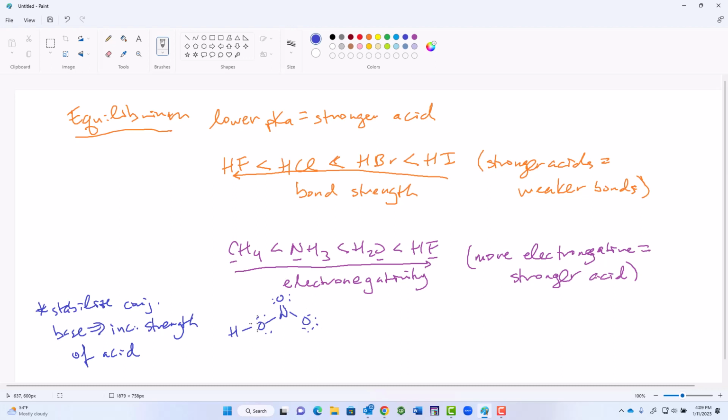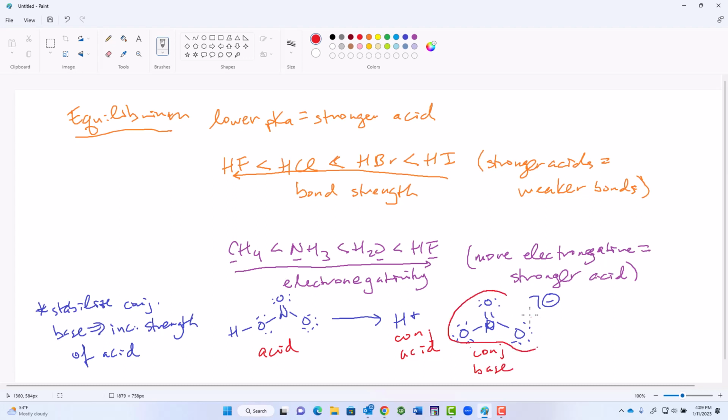If we pluck off this proton, we're left with H plus and NO3 minus. You'll notice that this resulting anion has an overall minus charge, and it is going to have 3 resonance structures. Remember, this would be our acid, and this would be our conjugate base. Since we have 3 possible resonance structures for the conjugate base, we are going to greatly increase the strength of the corresponding acid. And that can be demonstrated with another example that I'll show here.